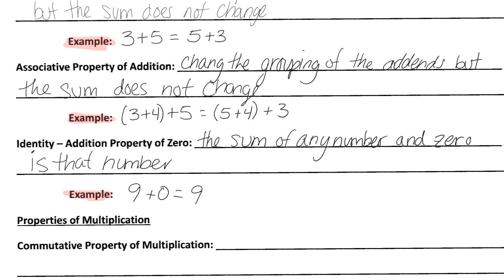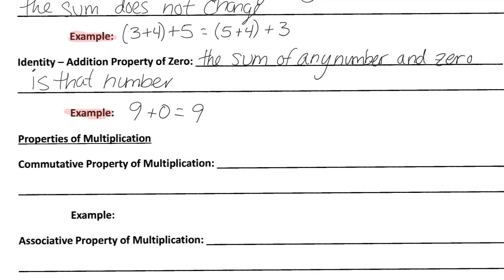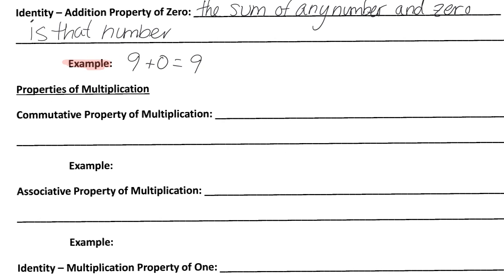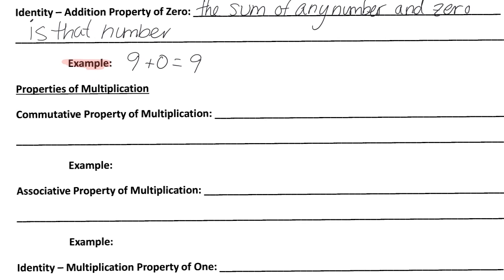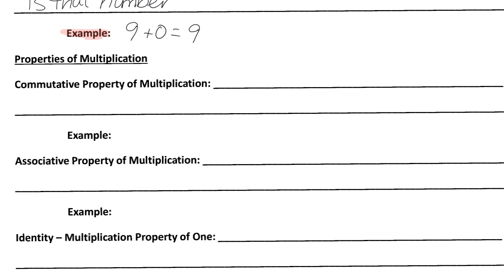All right, so let's talk about multiplication now. So multiplication, still have commutative, associative, and identity, but we'll have 2 more thrown in at the end. So commutative is the same thing, but instead of changing the numbers that we add together, we're just changing the order of the numbers multiplied. So commutative is changing the order of factors.